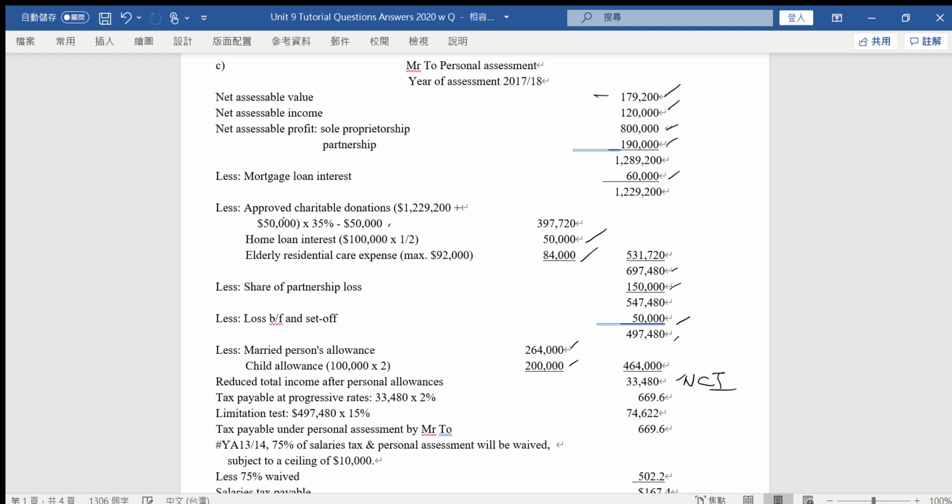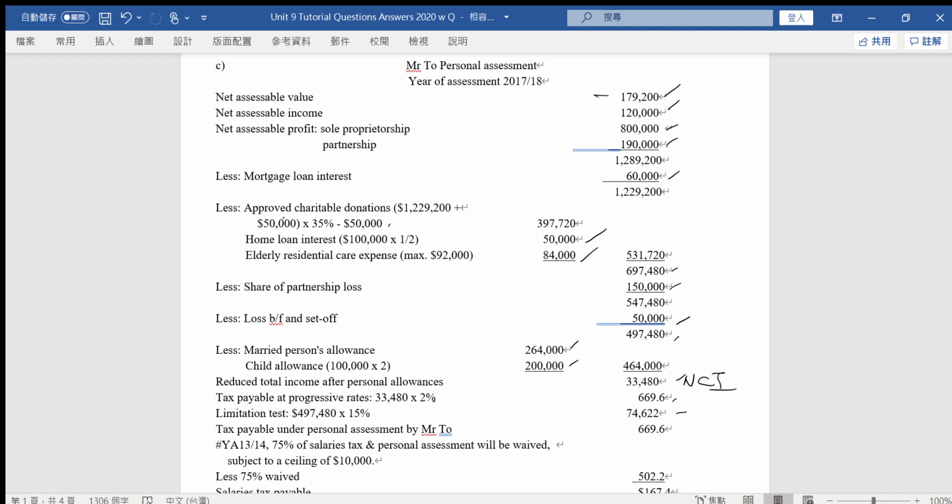We will use the progressive rate to calculate. Because the first layer will be 2%, that will be the tax payable amount, 669.6. Then this one is the standard rate amount. Surely that should be the progressive rate.